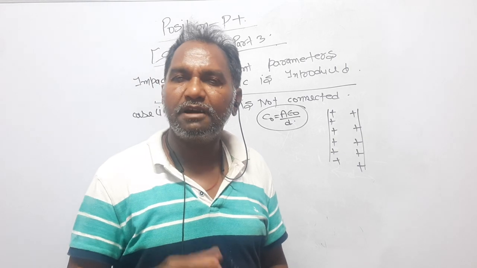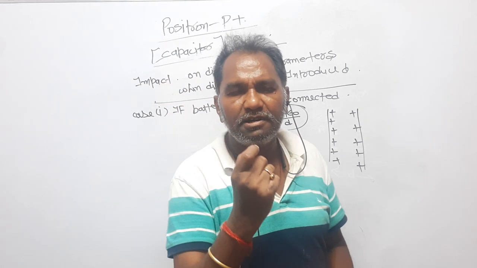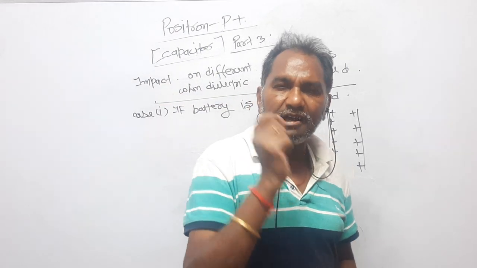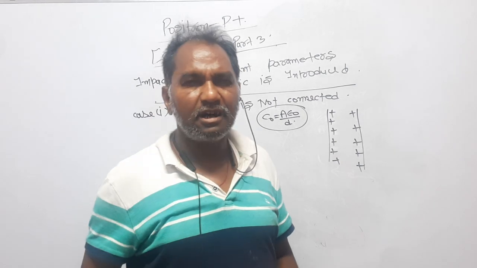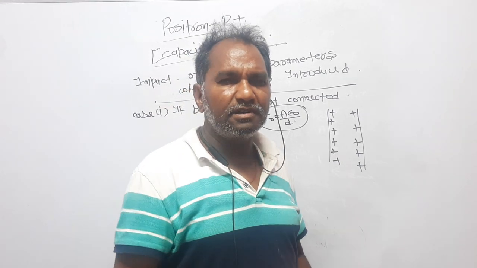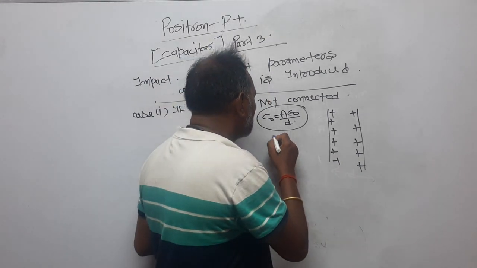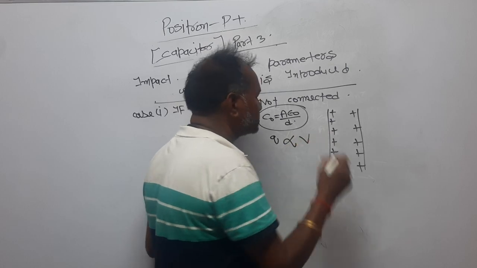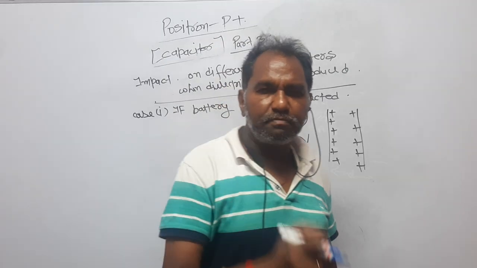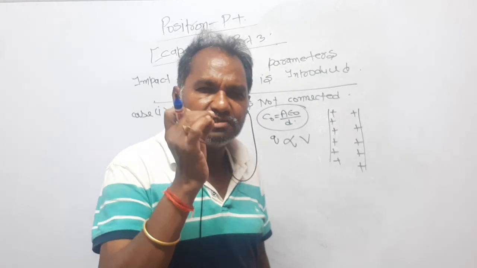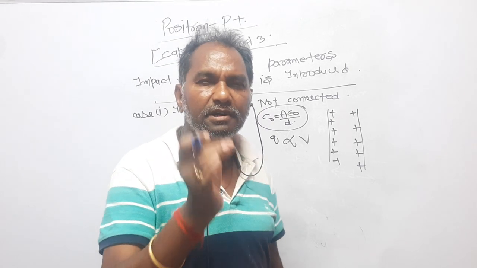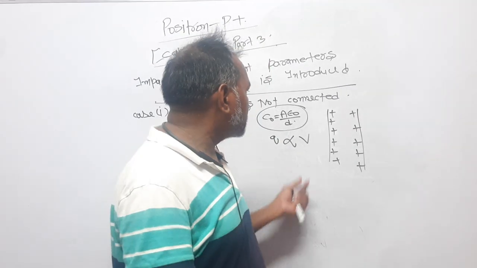The concept is storing maximum charge. As I told you in my last video, if you increase the charge Q, which parameter decides how much charge a body or a capacitor can be given? That is potential.